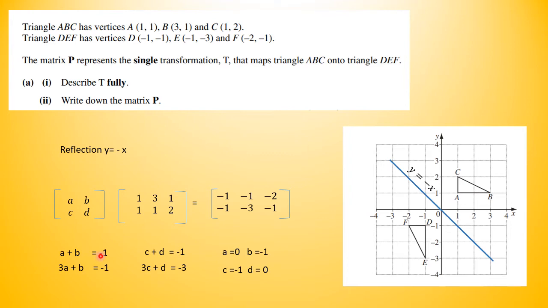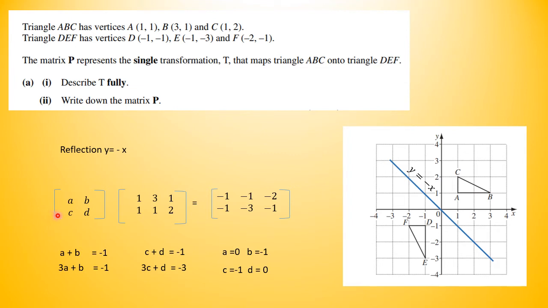So a plus b is equal to the very first element, which is minus 1. Again, row by column, 3a plus 1b, which is equal to the second element, which is minus 1. So we use the first row along with the first column, thereafter along with the second column, and we wrote two equations here. We can solve these simultaneously to find out what a and b are.